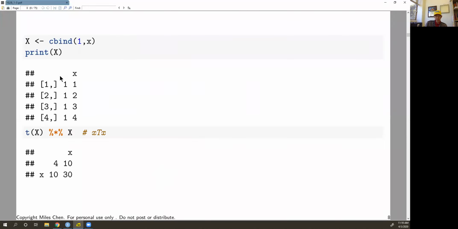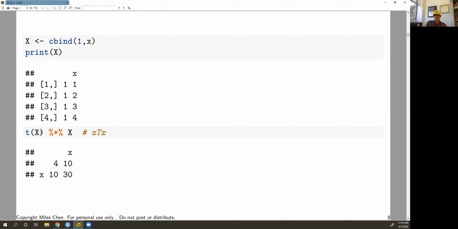My X matrix will be produced by binding a column of 1s to my column of X values. So X is the values 1, 2, 3, 4, and I also attach a column of 1s. Now that I've got this n by 2 matrix, or a 4 by 2 matrix, I can do X transpose X, which is going to give me a 2 by 2 matrix.